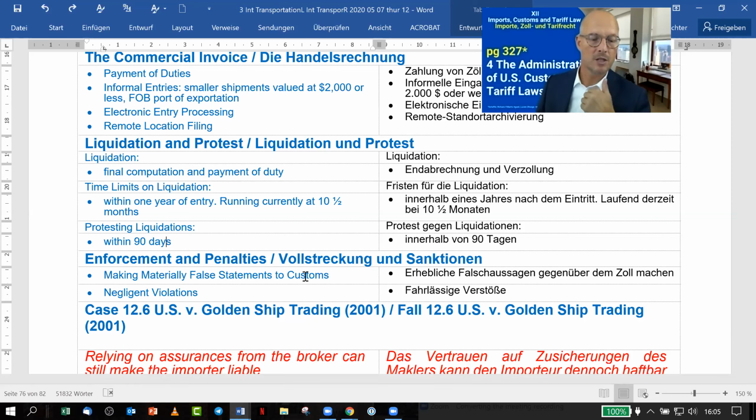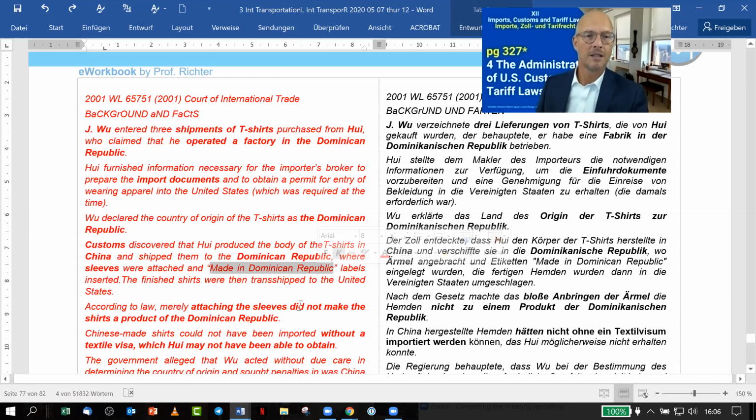In this case, it was a purchase of t-shirts from Hawaii, and he said they came from the Dominican Republic, but in reality they came from China, and they just put some sleeves on these t-shirts in the Dominican Republic and said then they were made in the Dominican Republic.